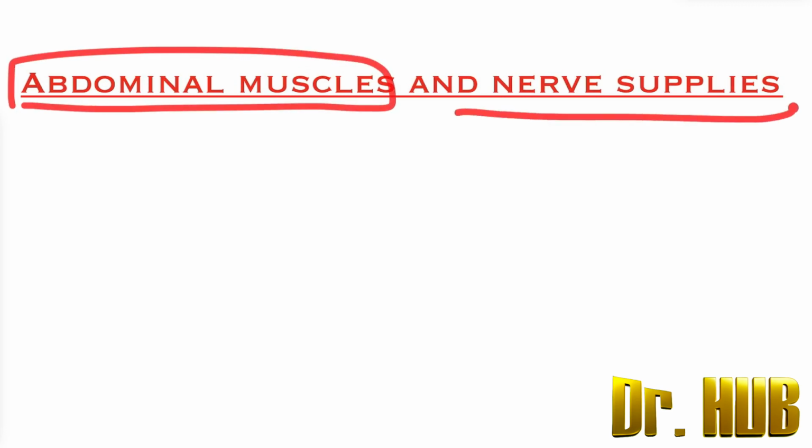Abdominal muscles and their nerve supplies. So first we are going to look at the EO, that is the external oblique muscle, and the RA. RA stands for the rectus abdominis. So what is the nerve supply here?